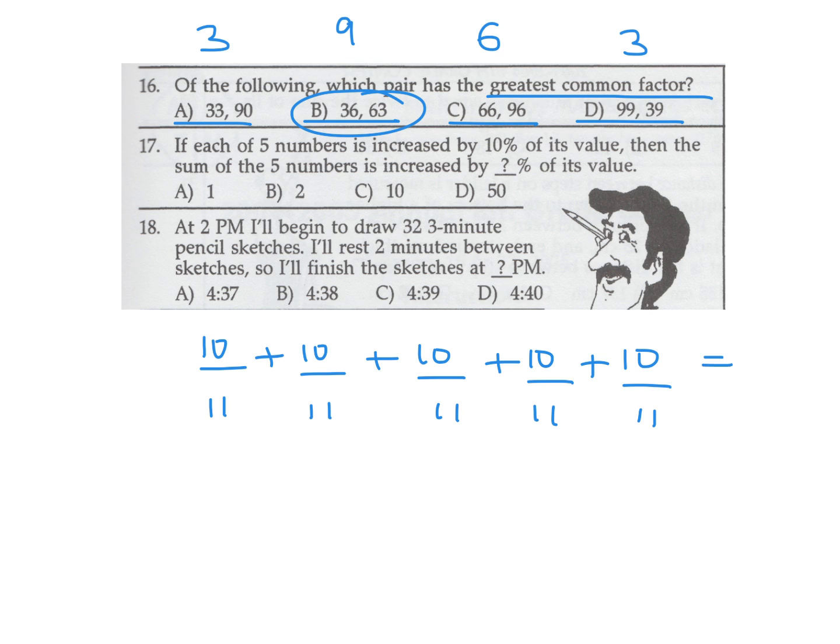So the initial sum was 50. Now when we increased each of the numbers by 10%, they became 11s, and now the sum is 55. And what they're asking is the sum is increased by how much? So we're comparing 55 to 50, so it went up by 5, and that's 10% basically. So 10%, 17 is C.